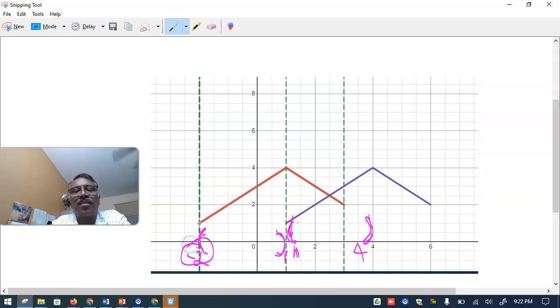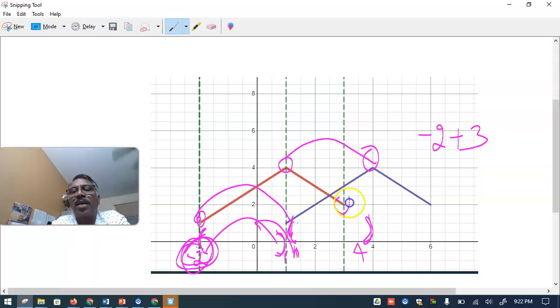So how did we get from -2 to 1 here? This -2, you just have to add 3, because this point has shifted here. This point has shifted 3 units. So every point also shifted 3 units, because of the horizontal shift, the graph is shifted 3 units to the right.